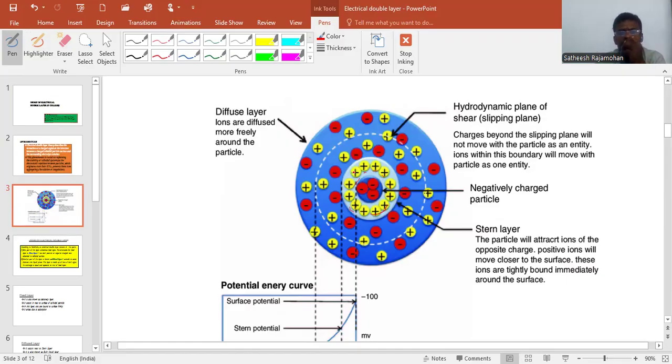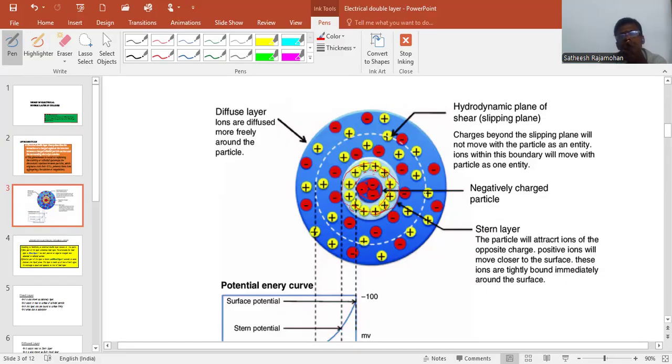These positively charged ions bind tightly with the surface of the negatively charged colloid. On the surface of the negatively charged colloid, the positively charged ions got adsorbed. It forms a strong and rigid layer, called the stationary layer.